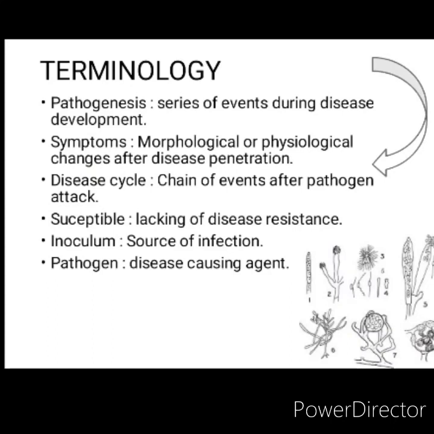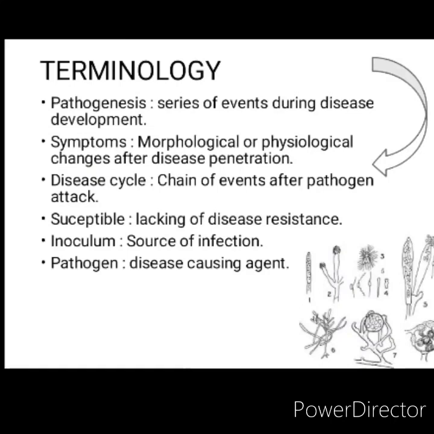First of all, what is pathogenesis? Pathogenesis is the process or chain of events whereby disease development takes place. So pathogenesis includes the series of events during disease development. The most important one is the symptoms. So what are the symptoms?